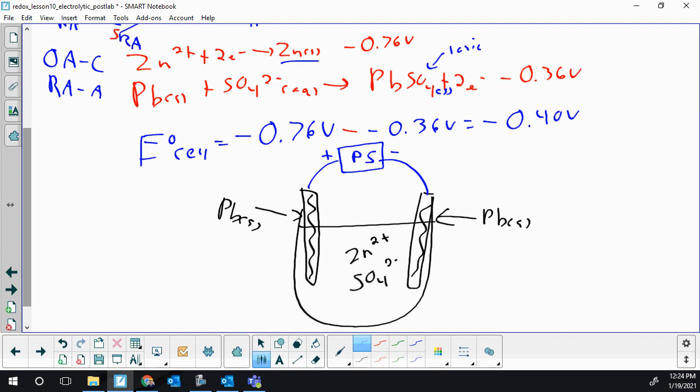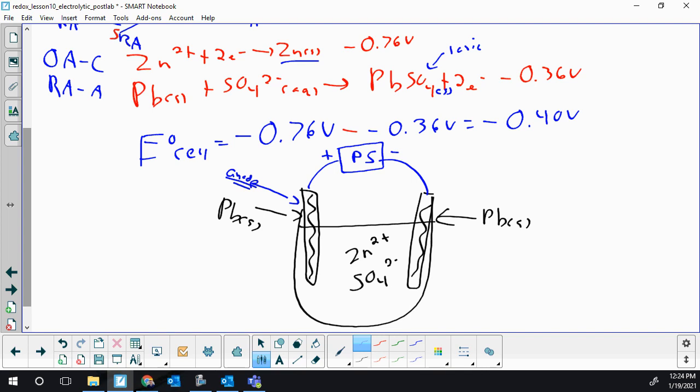The positive terminal is which electrode now? It's the opposite of voltaic. The positive is now our anode. So opposite of voltaic cells, where it would have been negative, in electrolytic it's positive.